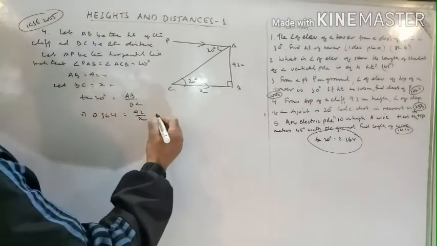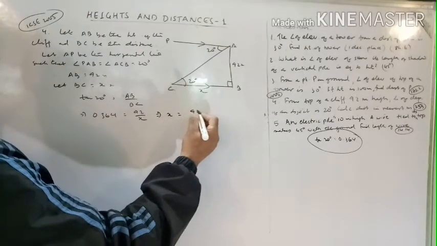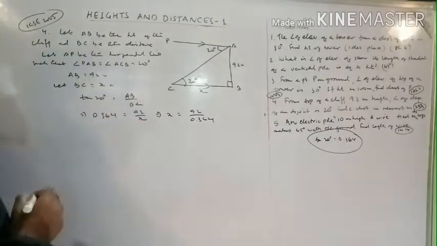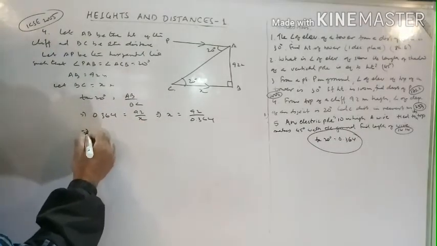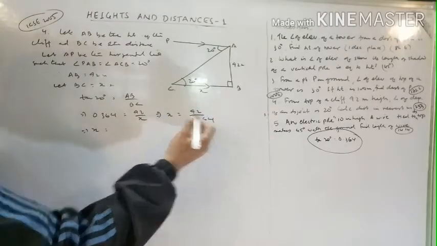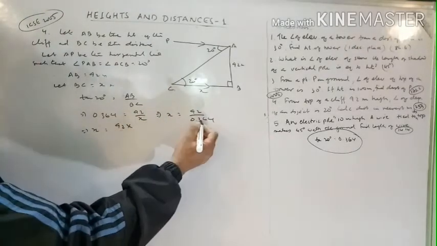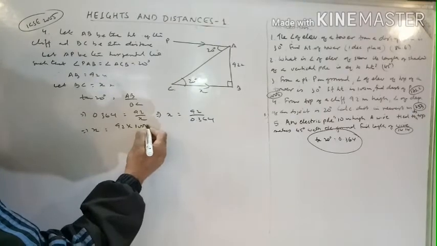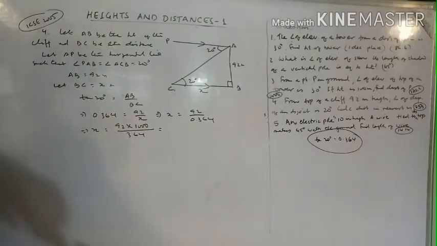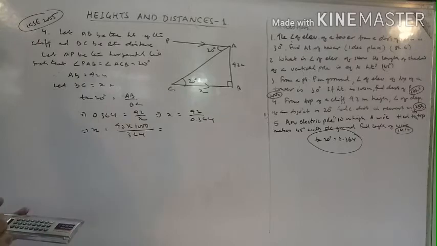So this implies x equal to 92 by 0.364, because x will come up here and this will come down. Now when you have a decimal point in the denominator, you cannot divide by it, so remove the decimal point. There are 3 digits, so 3 zeros: 92,000 by 364. To save time, I'll just use a calculator to divide here.